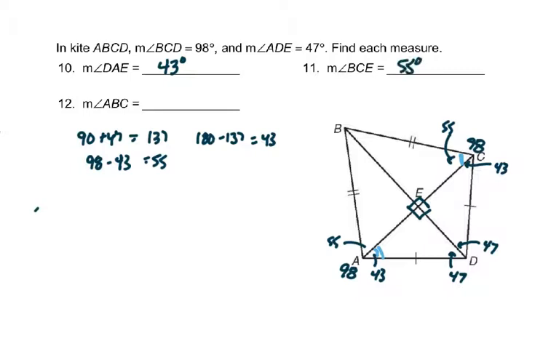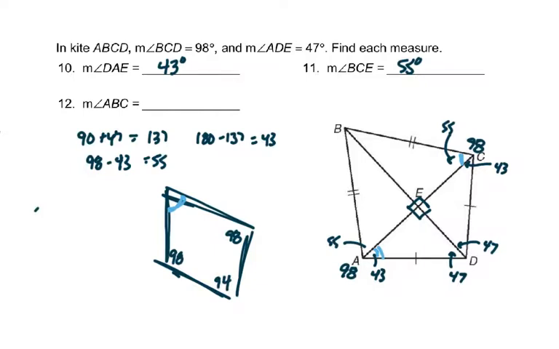And then the last part is they want us to find this angle. Whoops. Wanted that to be in a different color. Which is fine. No big deal. We know this is 98. We know this is 98. And we know this is 47 plus 47, which is 94. It's the two 47s added together there.